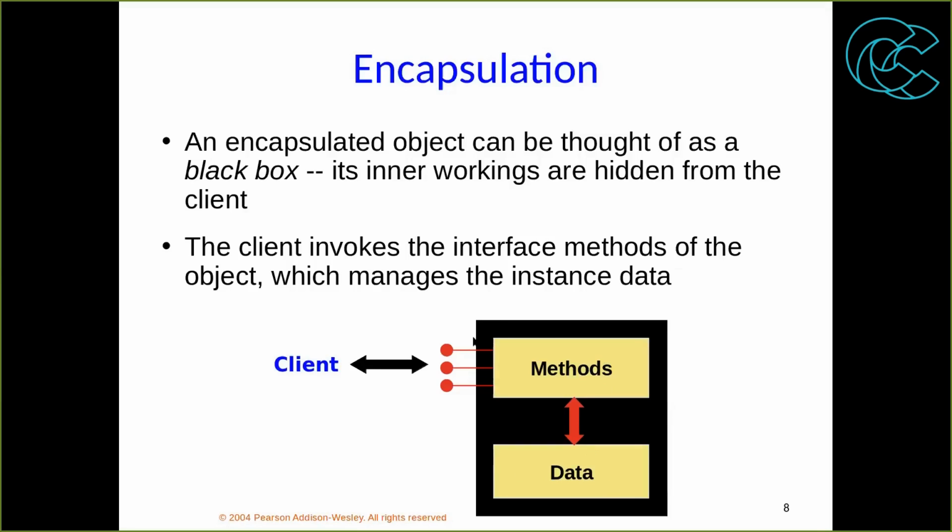Now you are exposing certain interaction points, which is shown here with these red dots. These are the interaction points, and whoever is outside of this wrapper, here we call them clients. These clients can only interact with this black box using these interaction points. And these interaction points are generally the methods. Like I said earlier, you can use these methods for passing messages.